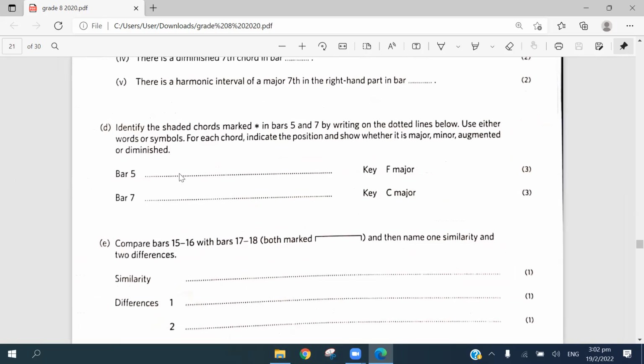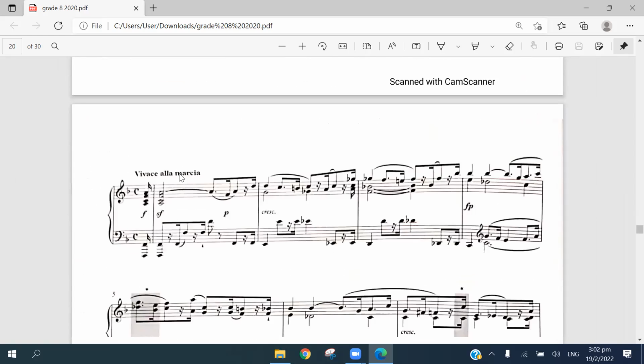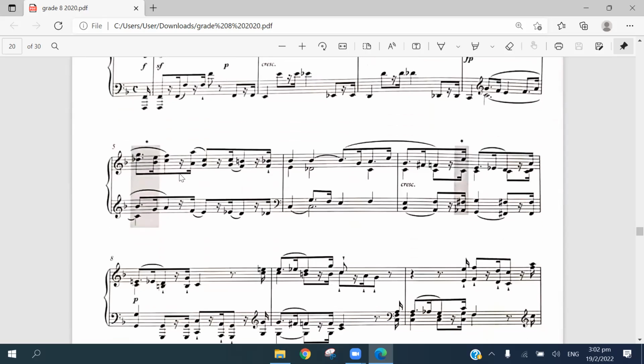Okay. The question 2020C, question 4, bar number 5. What answer do you get? Bar number 5, what letters are there?